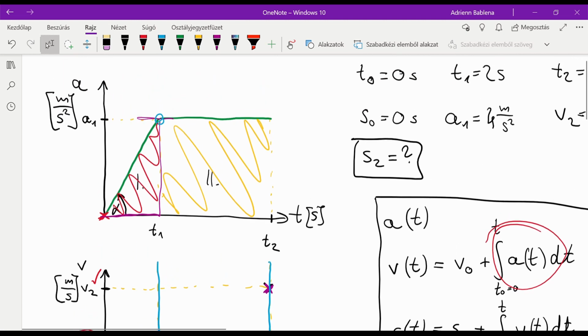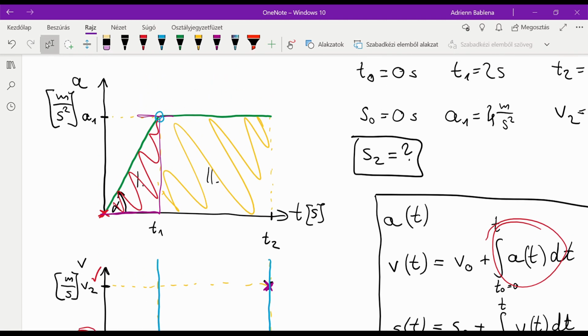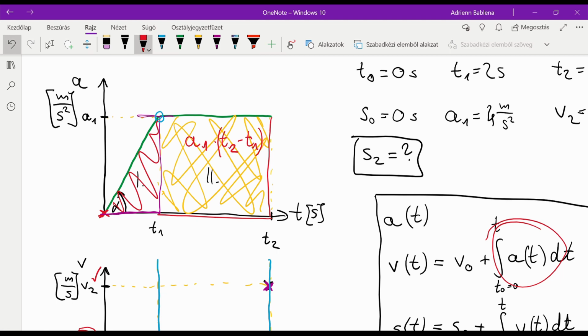Let's start the calculation with the second section. So let's see what we can see in the second section in the AT function. It's a rectangle, and the area of this yellow rectangle is A1 times T2 minus T1. This is the area of the rectangle.